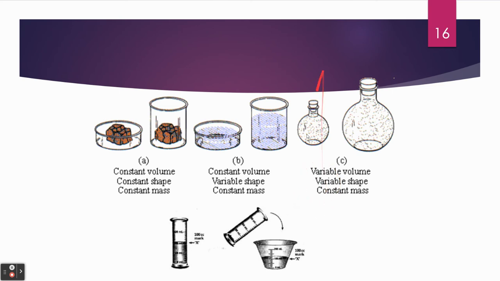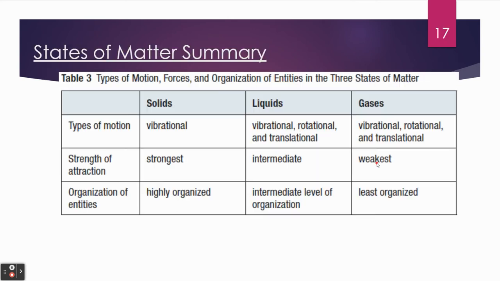And then for gases, if I take gas from this container and put it here, the gas particles will basically take up the shape of the container and also spread out to take up the entire space of the container. So they have a variable shape, but also a variable volume if you're a gas. And so this is a summary of the different types of matter that we've seen. We saw that they're different in terms of their attraction, their organization, their types of motion.